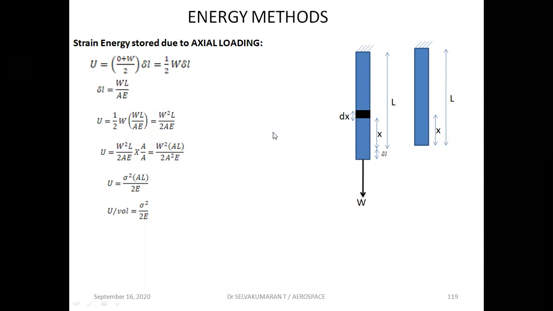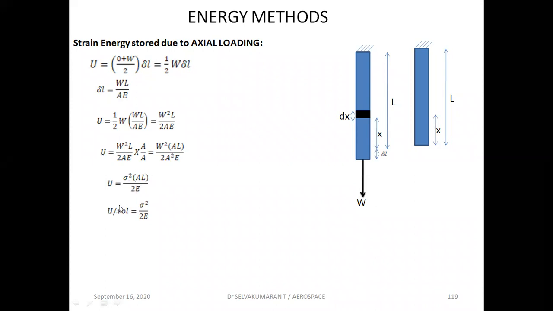Average load (0 plus W) divided by 2 into delta L is equal to half into W into delta L. From solid mechanics, delta L is equal to WL by AE. Substitute this delta L here, and multiply and divide by A, you get W square into AL divided by 2A square E. Area into length is nothing but volume, and W by A, load by area, is nothing but stress, so U is sigma square into AL divided by 2E.